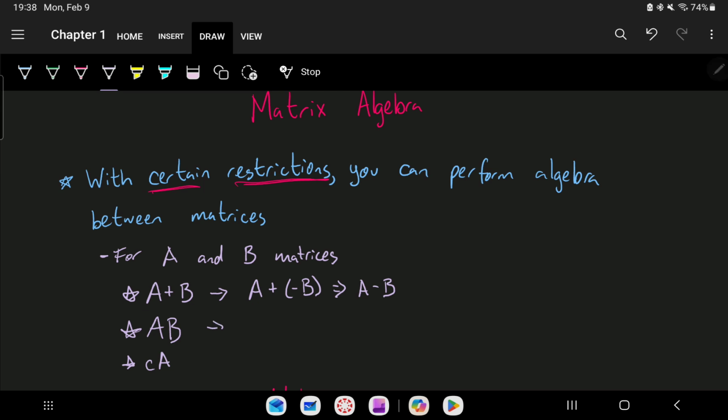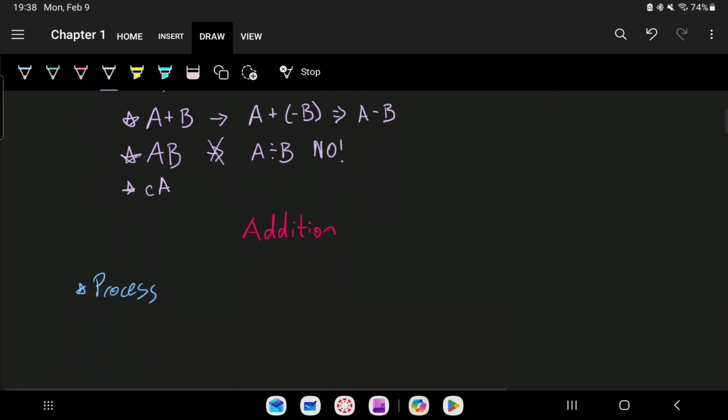But we are not going to be seeing any division. No, we do not divide matrices, right? So that is kind of a relief. I don't know about you guys, but division is usually the hardest of the bunch. So we're basically going to be looking at some pretty standard operations. Like I said though, certain restrictions. So let us dive in.